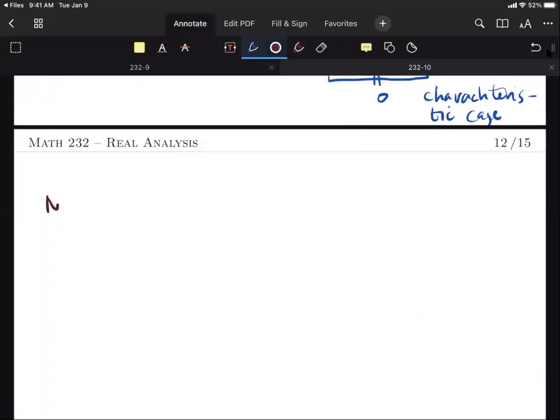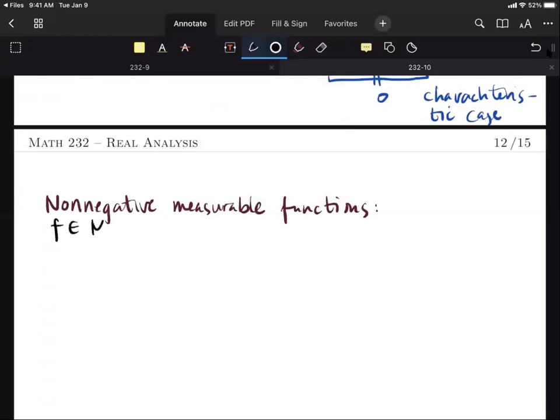The next, of course, is for non-negative measurable functions. So suppose f is in M plus.